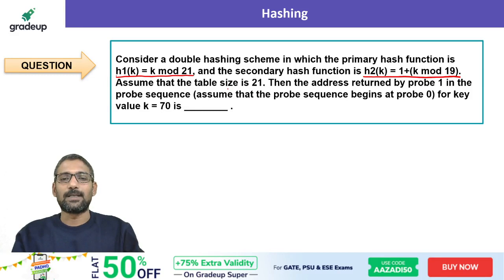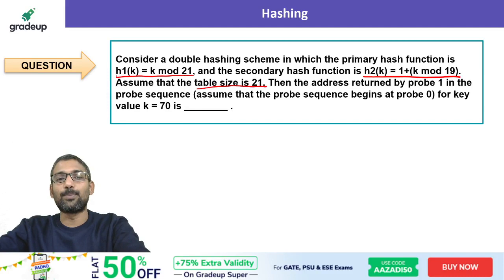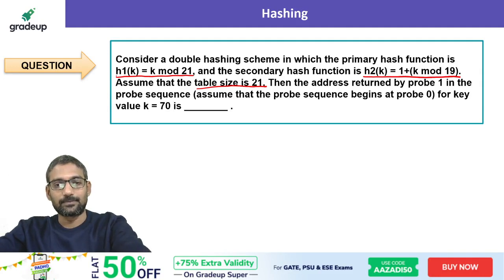Assume that table size is 21. So 21 slots we have in the table. Then the address returned by probe 1 in the probe sequence. So we want the address returned by probe 1 for the key k equal to 70.